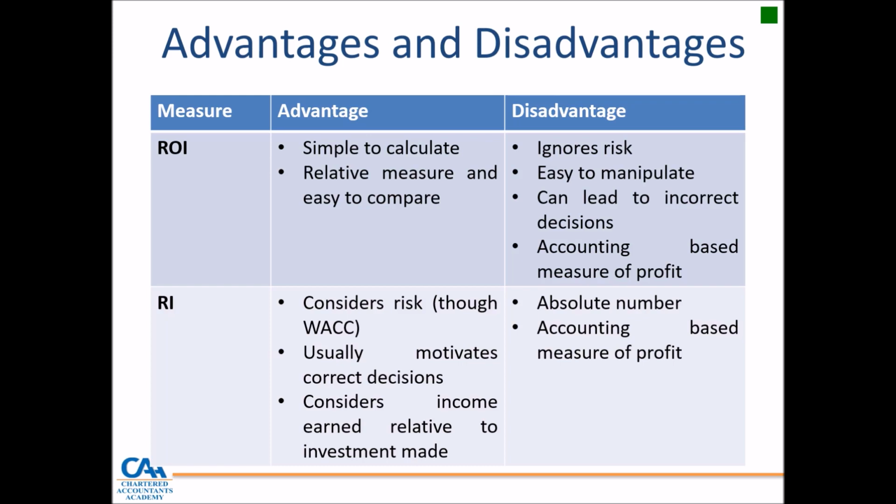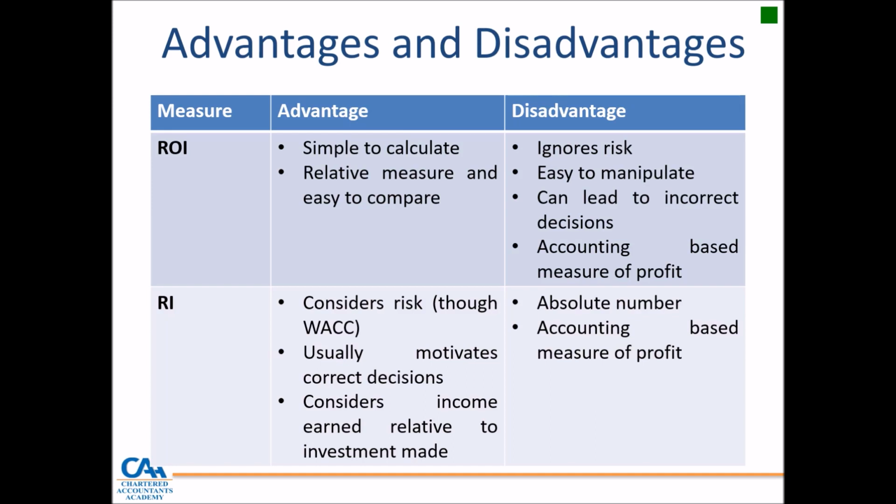Now the major disadvantage is the residual income is normally an absolute number, which is a figure, and as a result, I'm not able to compare it with other divisions, with the group, or with other companies in the industry.